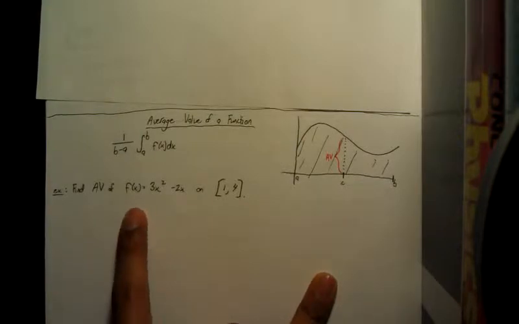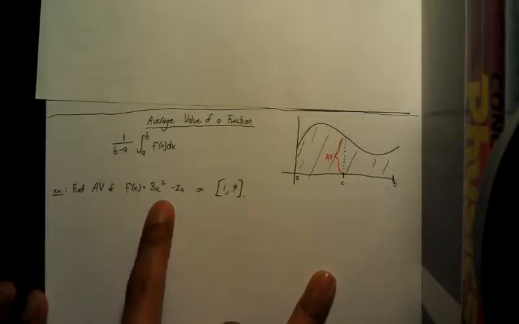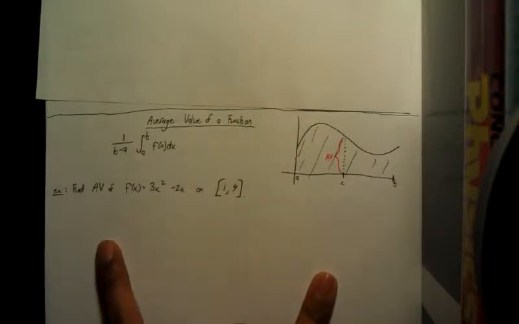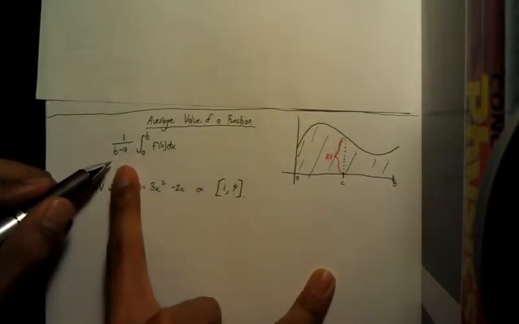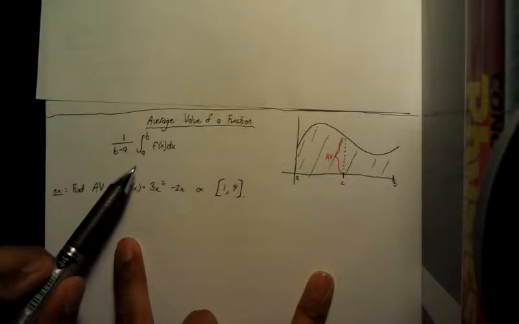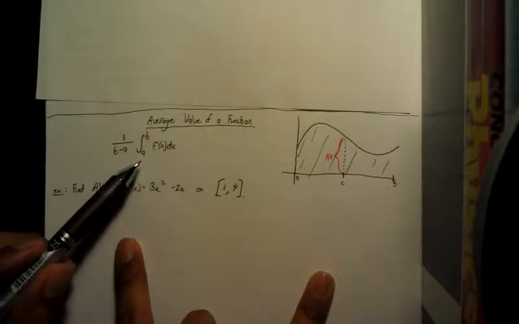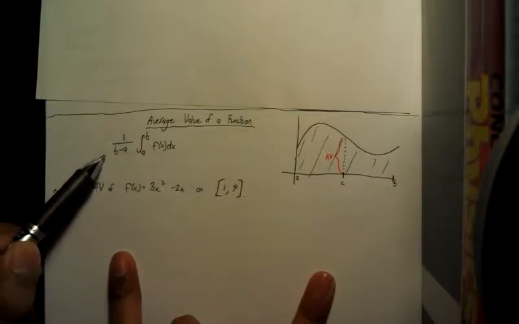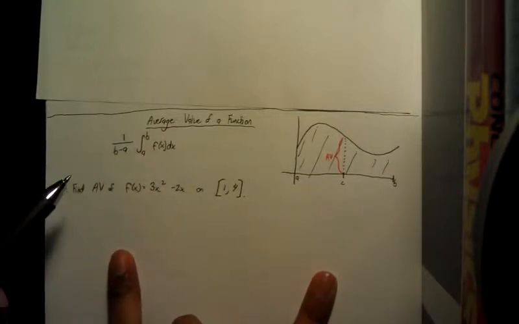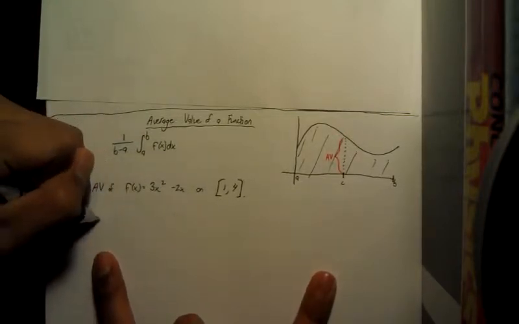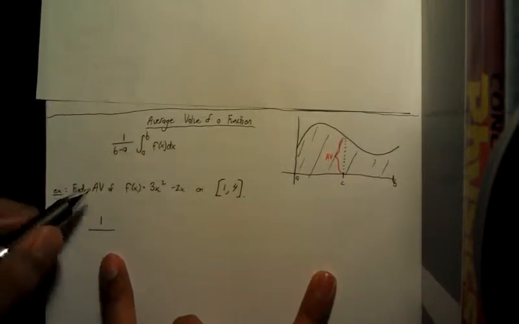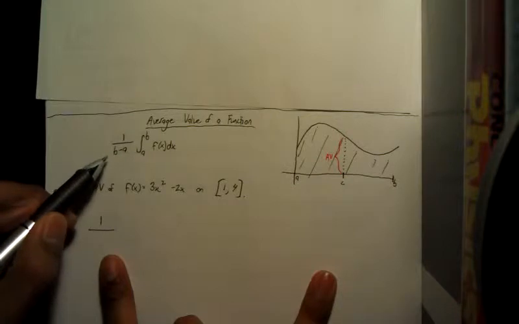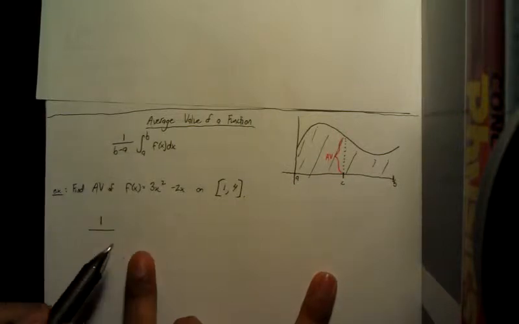But find the average value of f of x equals 3x squared minus 2x on the interval 1 to 4. Here you can see our average value formula. It's pretty much just basic integration using the fundamental theorem of calculus, except now you've got this 1 over b minus a tacked onto it.